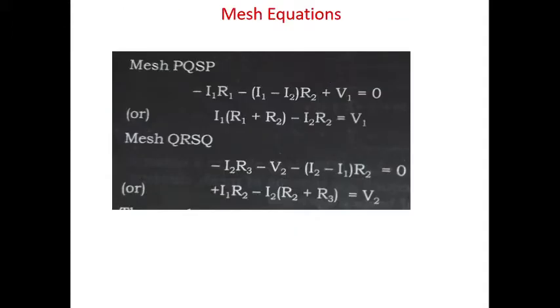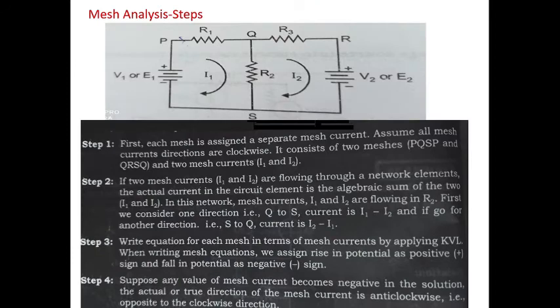Now we can see the mesh equations. When you are writing the mesh equations, it will come like this. Here I1 is the current, so minus I1 R1, minus R2 into I1 minus I2 we have to write, then negative to positive, plus V1. So that is for this mesh.